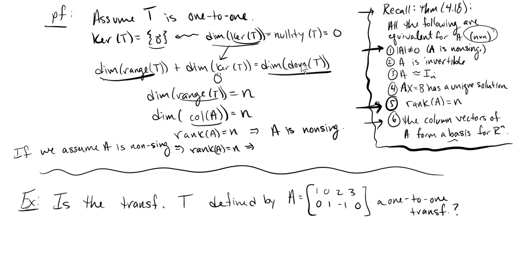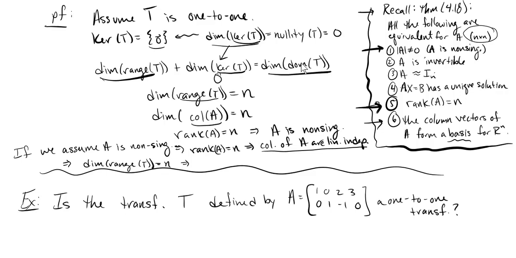Well, if they're a basis, that means the columns are linearly independent. Well, then that tells us, if we have n columns of this matrix A, they're all linearly independent. That tells us about the dimension of the range of T. Well, that tells us about the dimension of the null space, right?